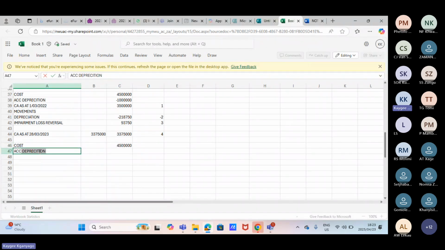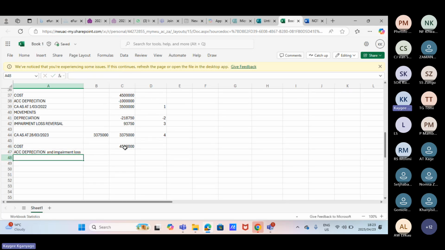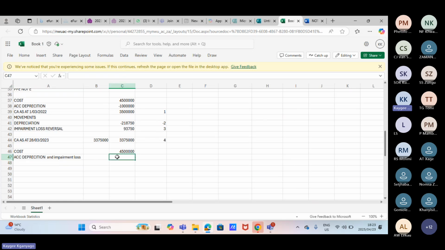Now my accumulated depreciation and impairment loss. Just confirm for me, CJ, if it is the correct one. It has to be the first one plus the second one, minus the last one, the impairment loss reversal. Yes.